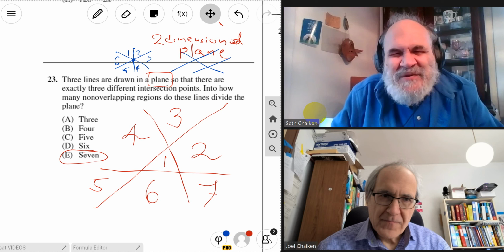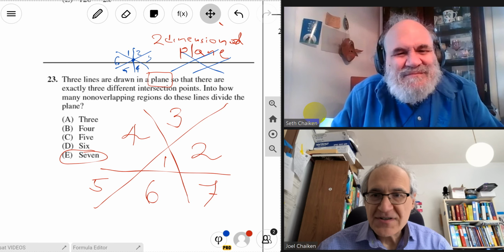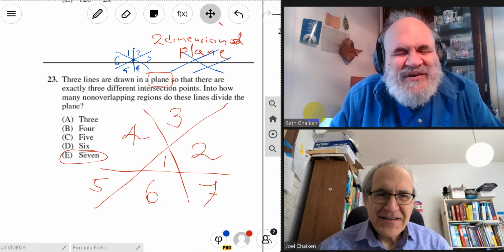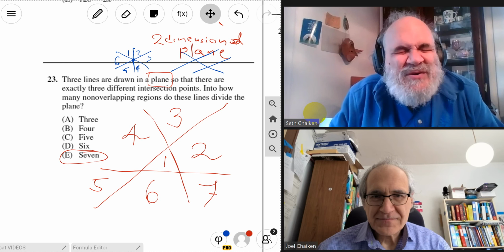How many regions? The other way they can make this hard is to ask how many overlapping regions. That's a whole different story.